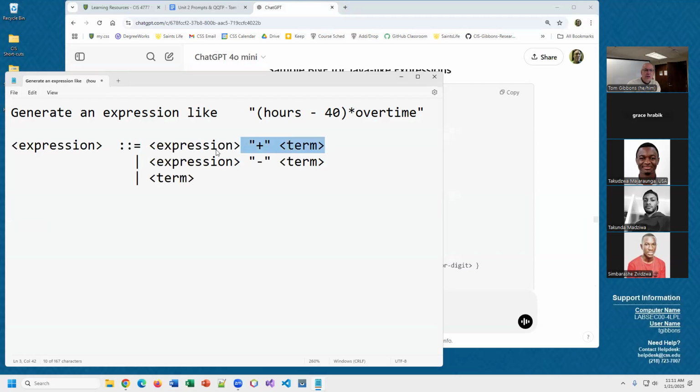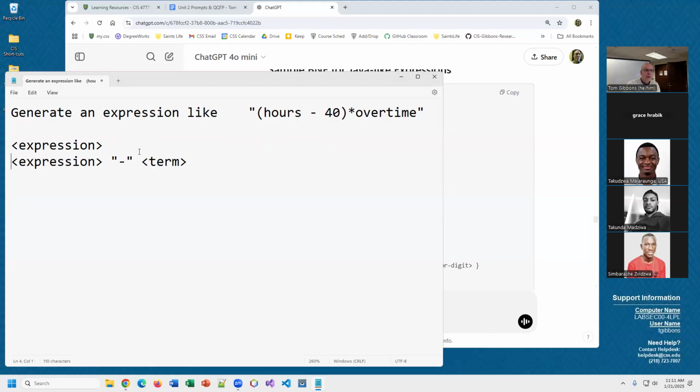So I'm going to do this expression here, to start working on getting my subtraction in there. So now I've got my subtraction in here. So I'm actually going to put this down here.